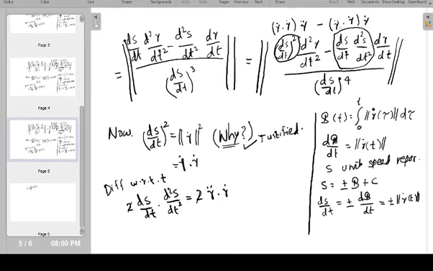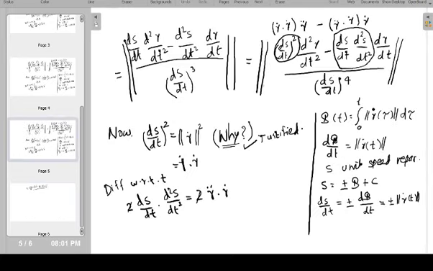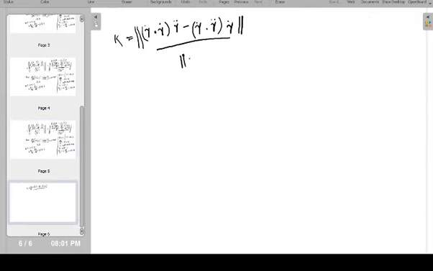So I am going to write this as gamma dot inner product with gamma double dot, times gamma dot, whole divided by the denominator, you have the norm of gamma dot to the power 4.